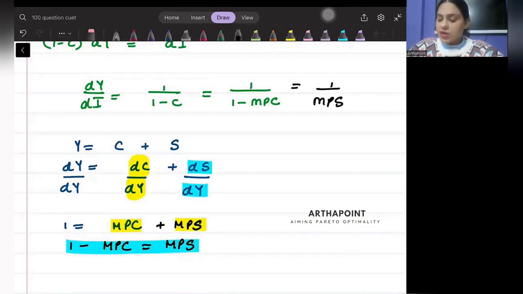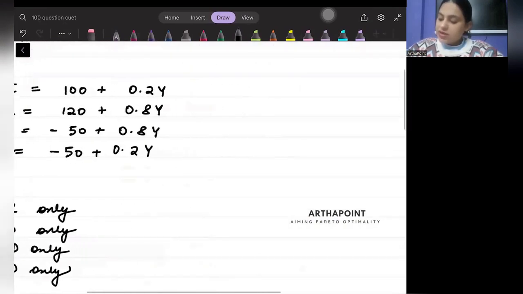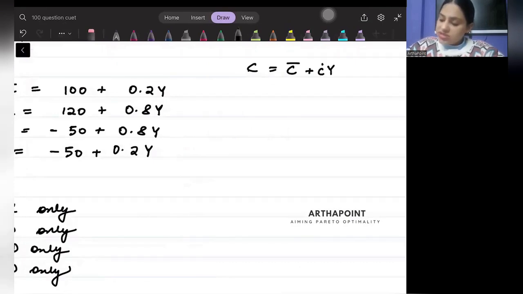Now just come back. When I am writing my consumption function as C bar plus cY, this c is the MPC.